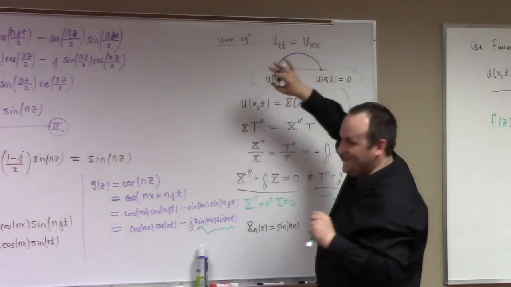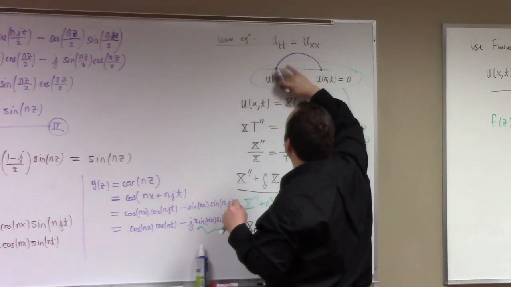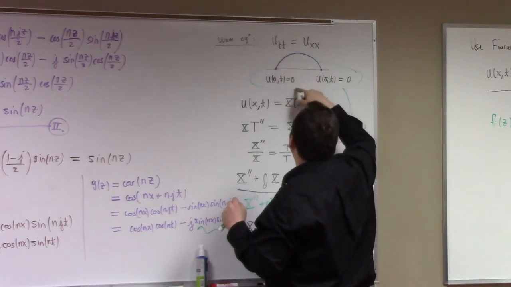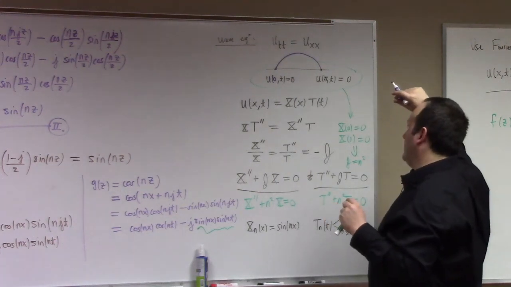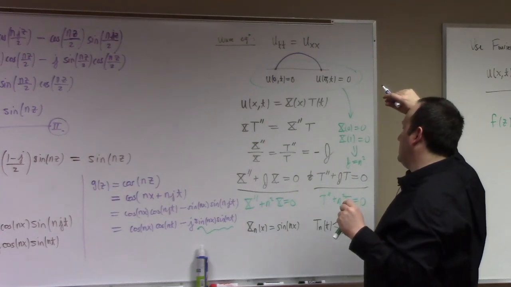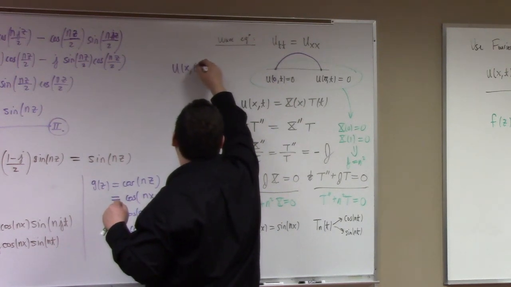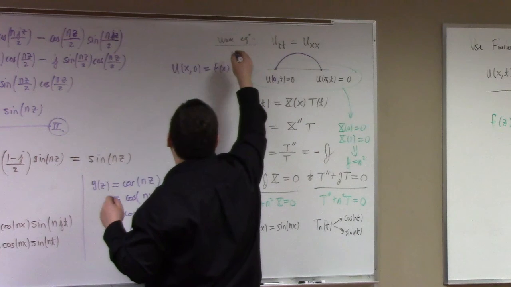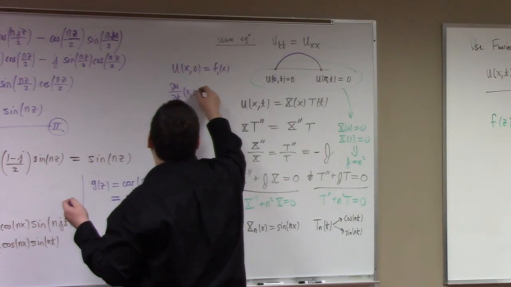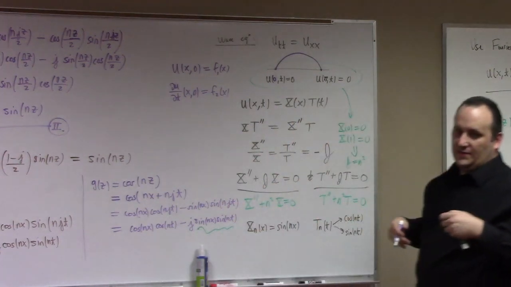What I have is that u of x comma 0 equals f of x, and partial u, partial t, this is the thing I'm struggling to put words on at the moment. The initial position and initial velocity have to be given in the standard problem.